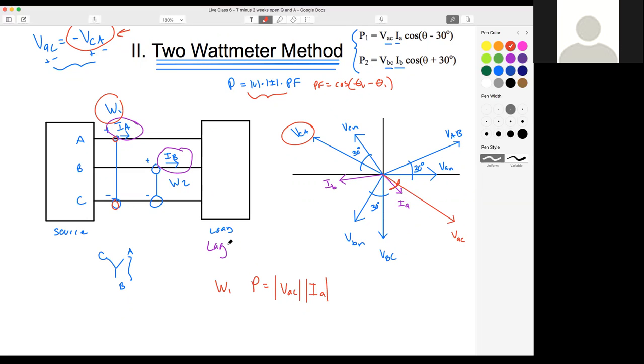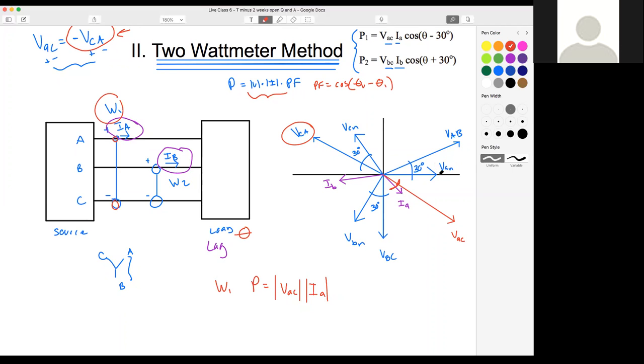So let's say the load is lagging and we know the power factor of the load, then we'll know the theta of that load. So theta of that load would be what? It would be the angle between our current and our phase voltage.